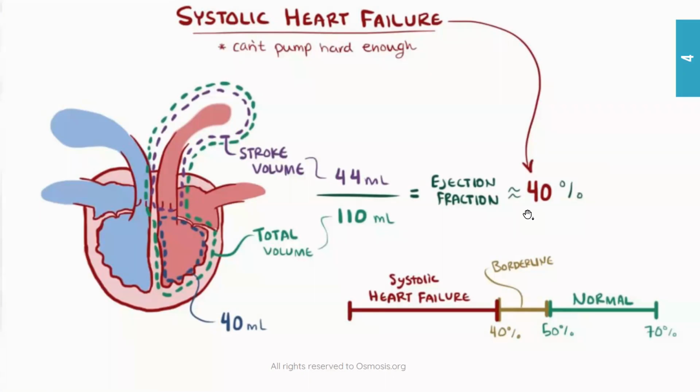Amr is saying, isn't 40 to 50 still considered heart failure? Yeah, it's heart failure with preserved ejection fraction, but because we treat it in a different way compared to the systolic one with reduced ejection fraction, we don't mention it that much.